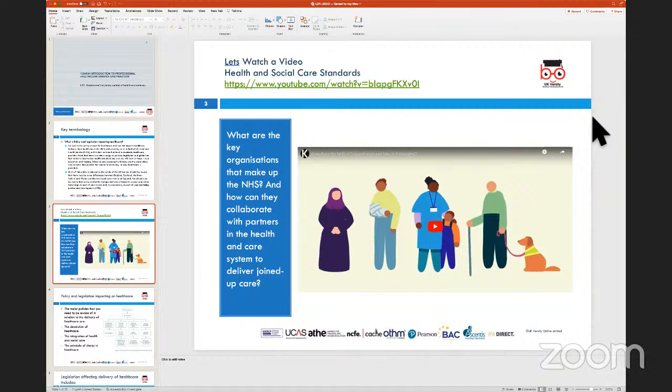But what we want to understand is, when we know that there are health and social care standards prescribed under the legislation and policy formation within the National Health Service, how do various departments or partners, essentially public-private partnership, work together to deliver these services.